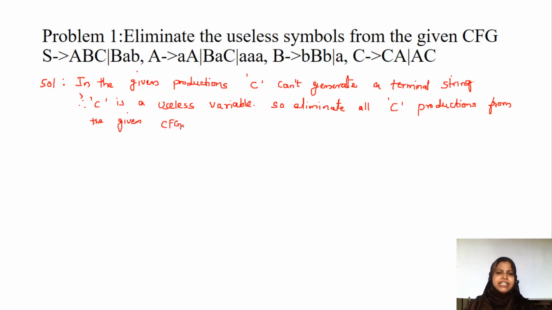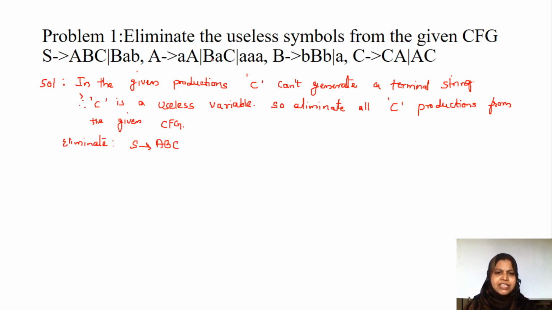Now, what are the productions consisting of C? S tends to ABC has C, so we have to eliminate the S tends to ABC production. S tends to BAB has no C, so no need to remove it.